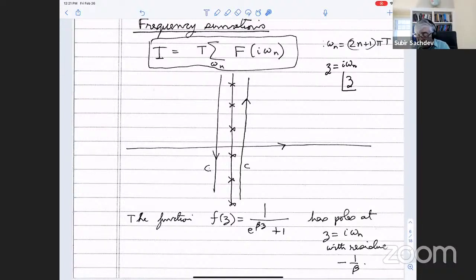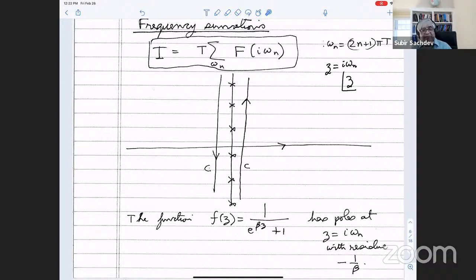What we're going to do is multiply f by another function, little f, so that little f has poles with residue 1 exactly at these points. So you need a function of z, little f of z, whose poles are at these points.